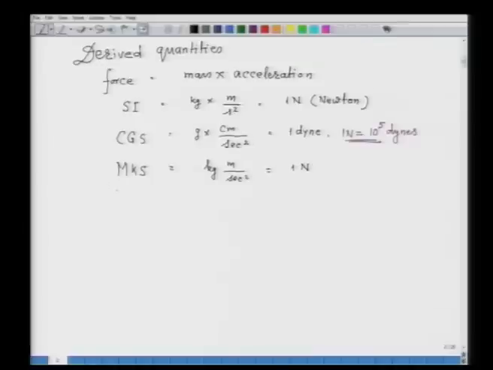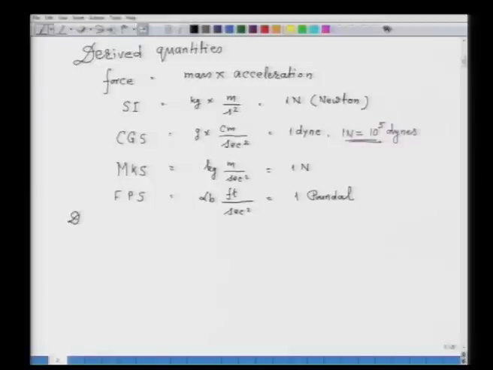In FPS system, the unit of force will be pound feet upon second square, and that is called 1 poundal. Similarly, say for example, you want to derive the units of energy.